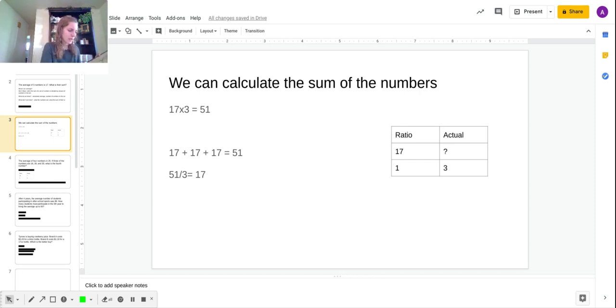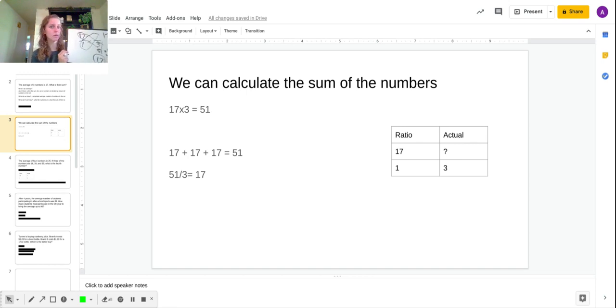So our number set in actuality could have been 16 plus 17 plus 18. It could have been 16 plus 17 plus 18, because that is equal to 51. And then we could have divided it by 3, which is going to give us 17.